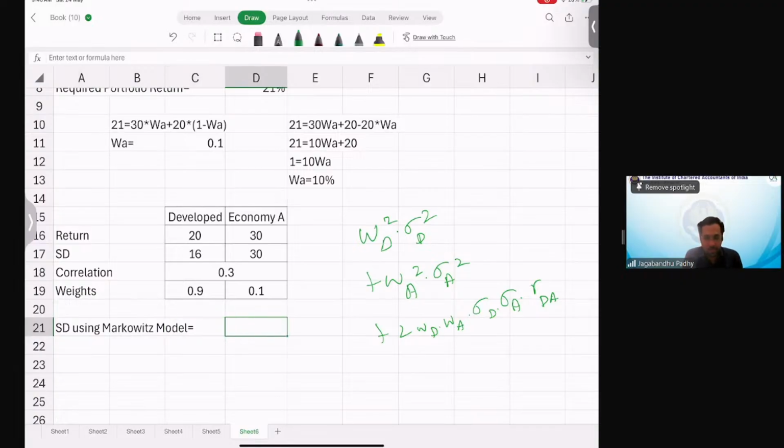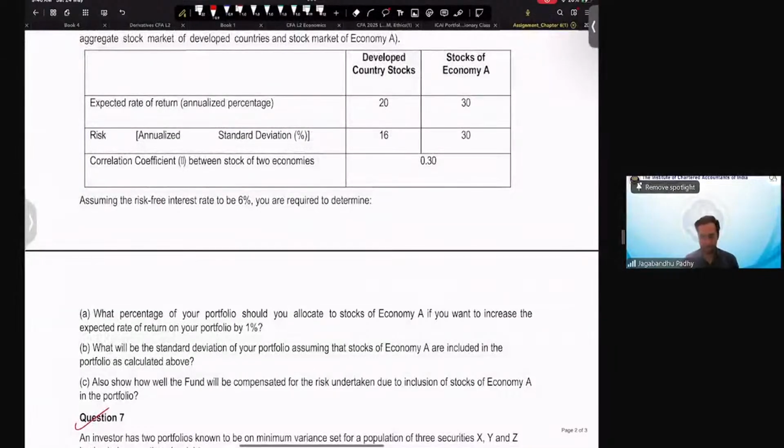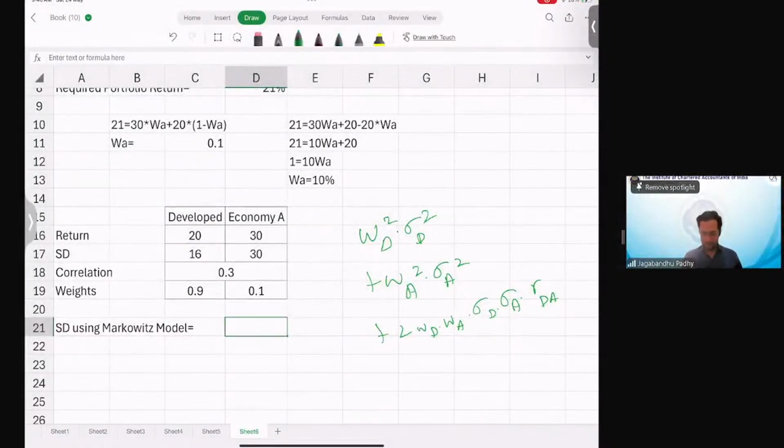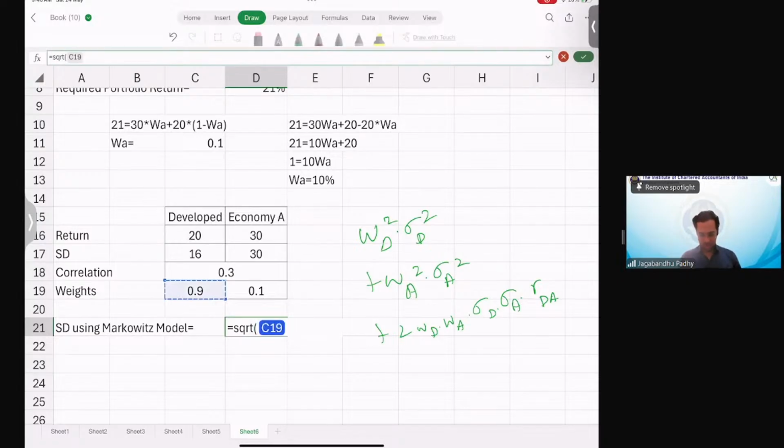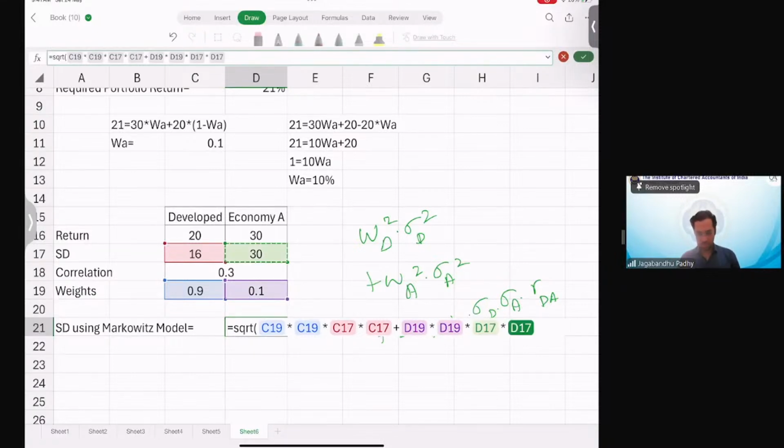What's the standard deviation, guys? Waiting for your answer using Markowitz formula. So that should be square root of weight of A into weight of A into standard deviation of A into standard deviation of A, plus this, plus 2 into weight of A, standard deviation of A, weight of B, standard deviation of B, correlation.